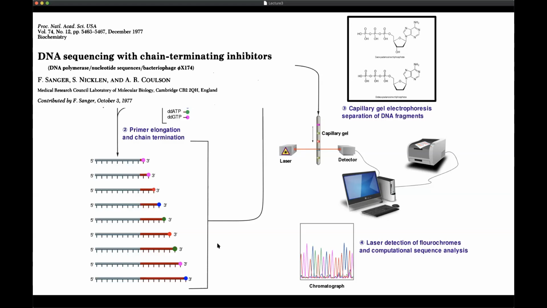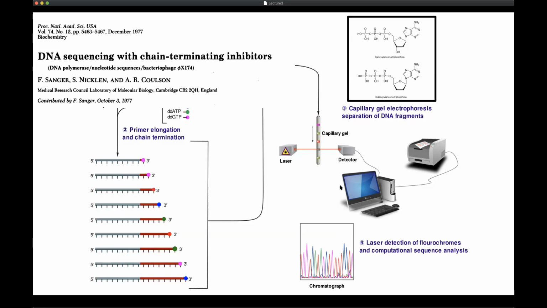That would be color-coded, and then you would sort them by size, for example, in later sequencing instruments using capillary gels, and you would have an optical detection system that would produce something called a chromatograph, where you would see a color scheme where the dominant nucleotide at each position, now sorted by size, left to right, can be called by seeing which of the nucleotide colors has the highest peak.